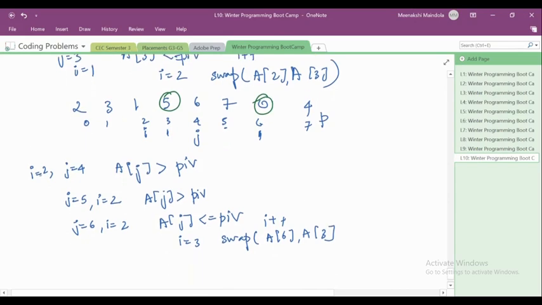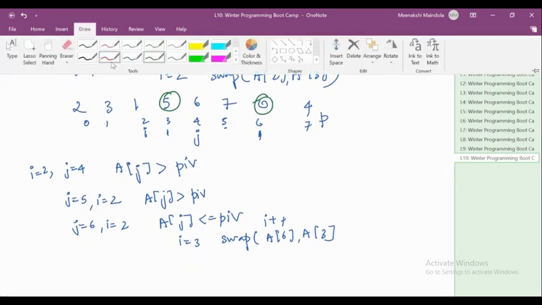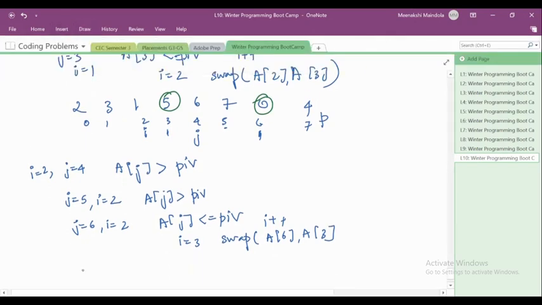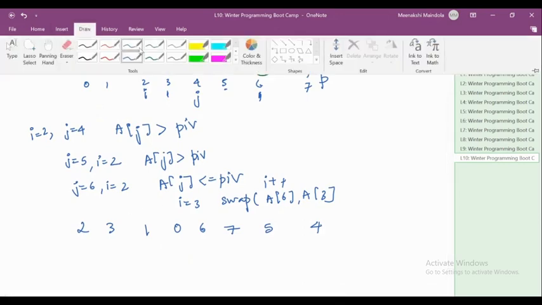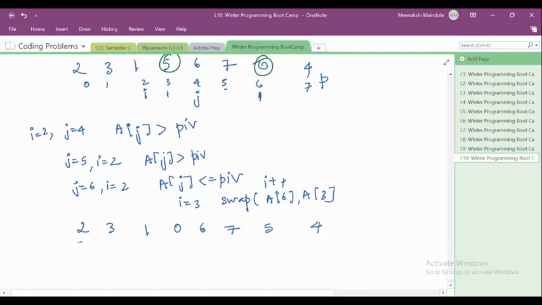So what is now the array? You have 2, 3, 1, 0, 6, 7, 5 and 4, right? You swap these two values and let me just write down the indexes again. So 0, 1, 2, 3, 4, 5, 6 and 7.